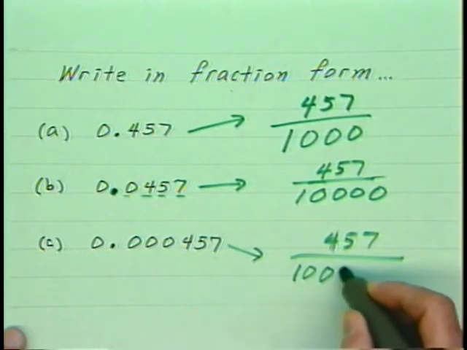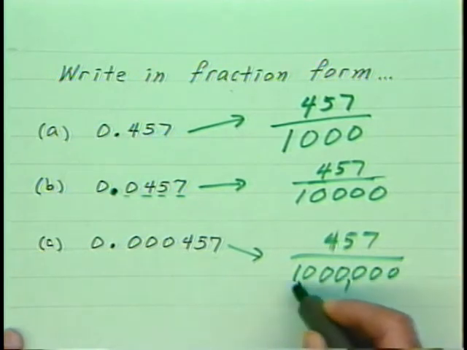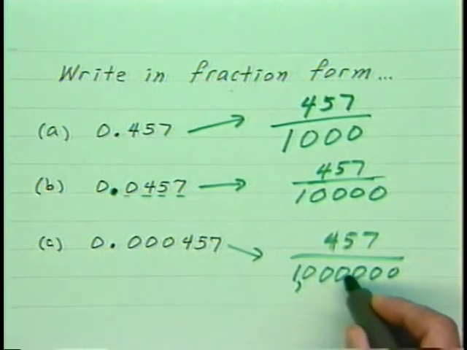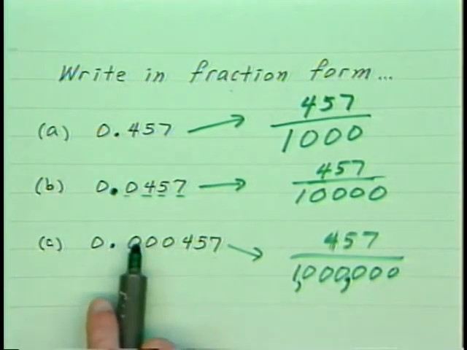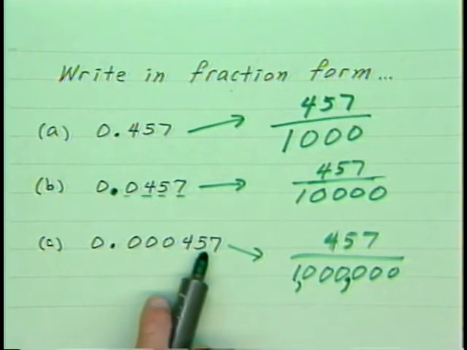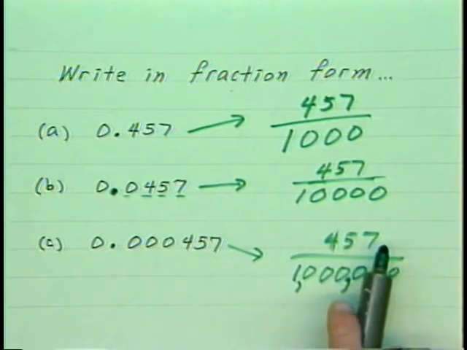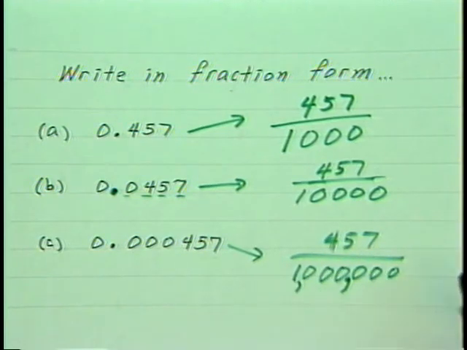Or, verbalizing it, the 10th place, hundredth, thousandth, 10,000th, 100,000th, millions. So here we have 457 millions.